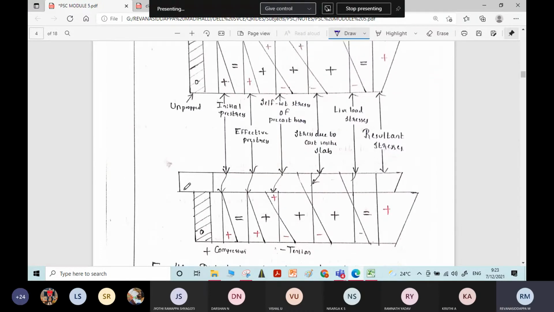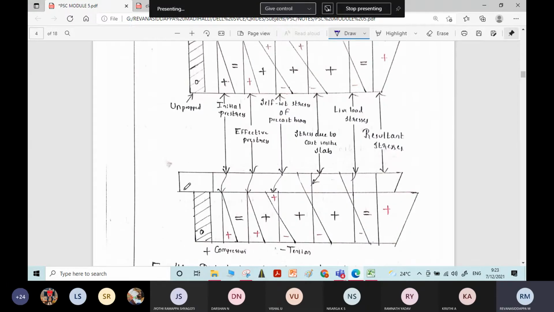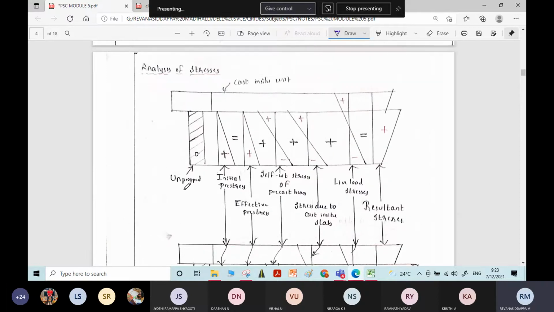So I'll discuss the analysis of stresses for both the cases. Even the problems will be asked specifically for unpropped or propped. First we will see analysis of stresses for unpropped construction.